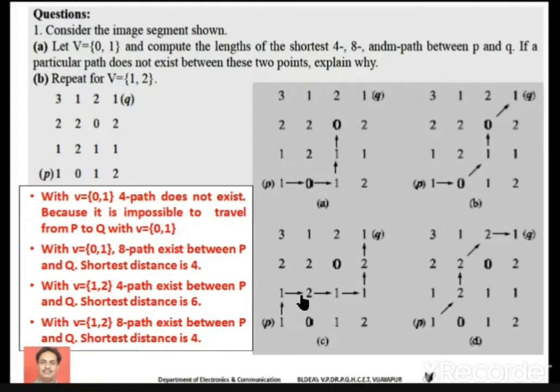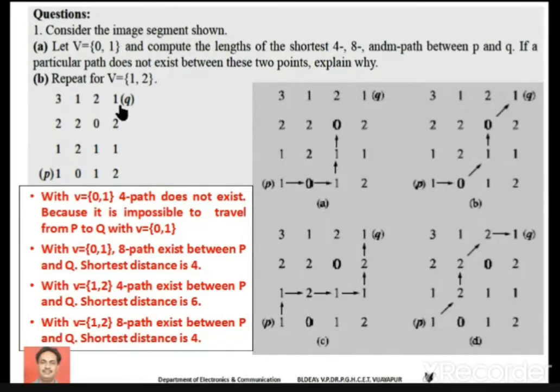Now you have to specify the distance of this path. Distance means again you count the number of arrow marks you have shown on the matrix. 1, 2, 3, 4, 5, 6. So the shortest distance is 6.